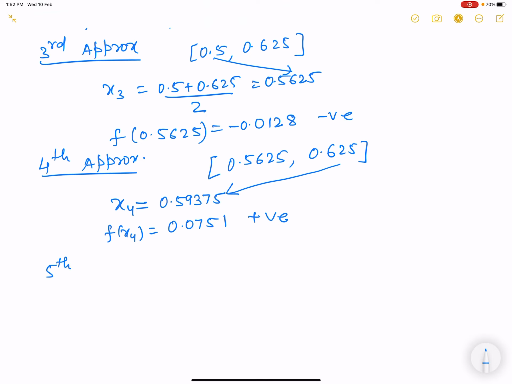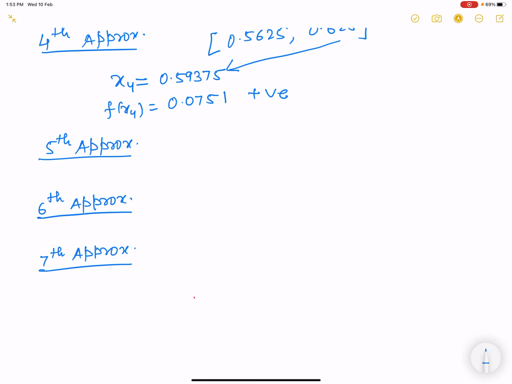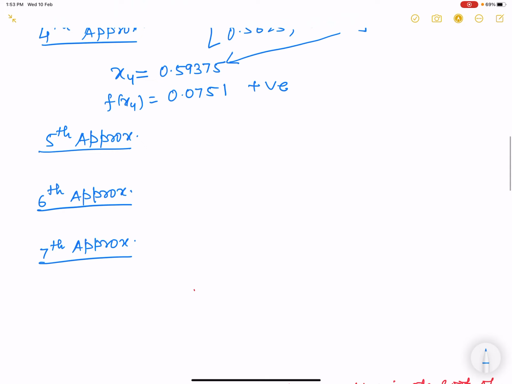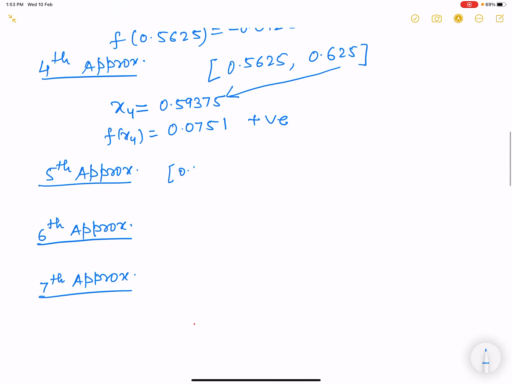In the fifth approximation, the root lies between 0.5625 and 0.59375. In this interval the root lies, and the fifth iteration comes out to be 0.5781.